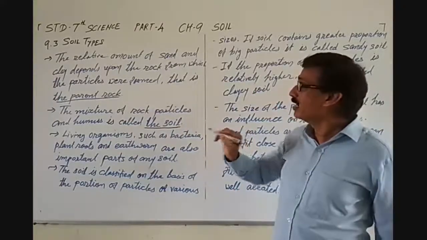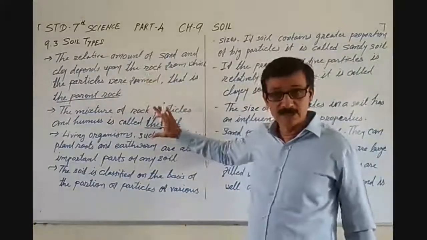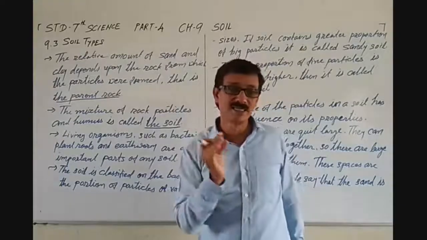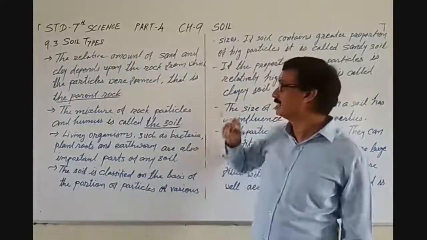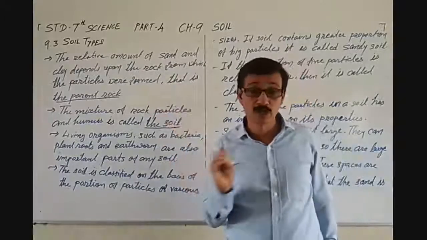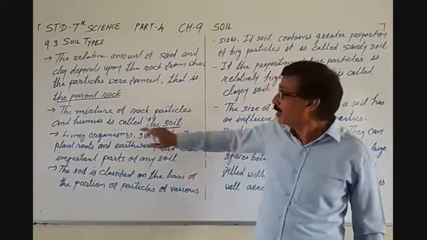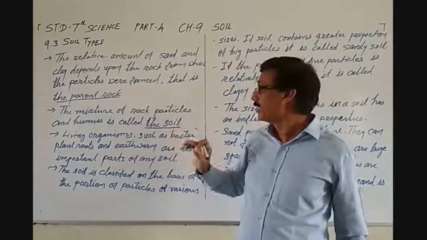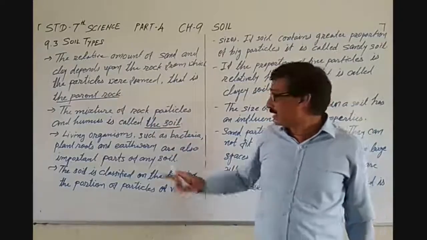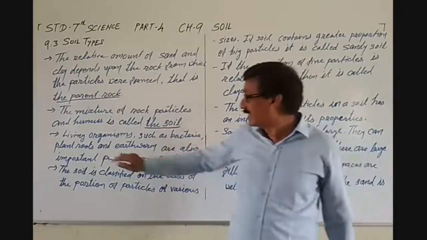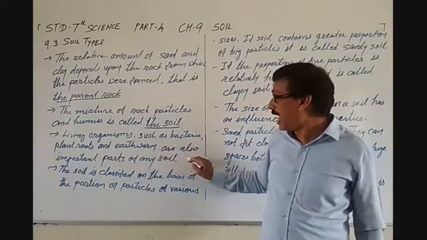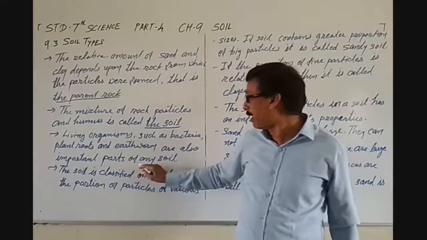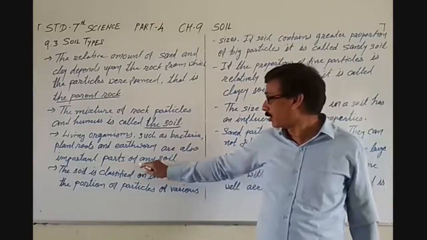If you want to underline these things, which are very important, and these can be your MCQs, blanks, and small short questions, you may underline this. Then, living organisms such as bacteria, plant roots and earthworms are also important parts of any soil.